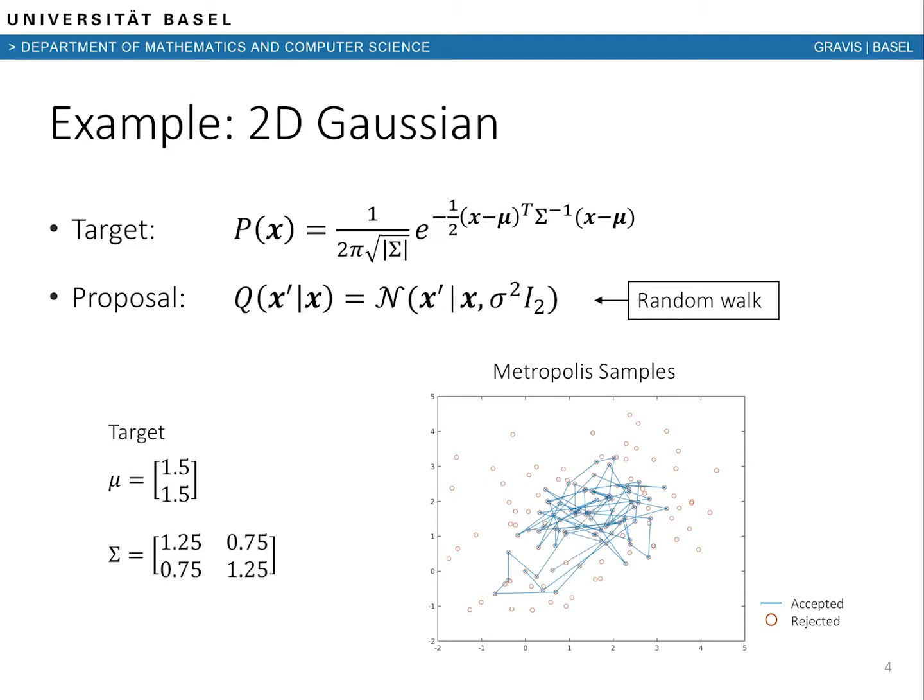In red circles you see all the rejected proposals, and the accepted ones are actually connected by a blue line. And if you wait for the algorithm to develop, you can see that the samples at the end actually have this elliptic familiar shape of the 2D Gaussian we expect here.